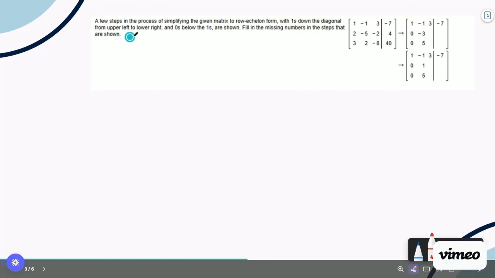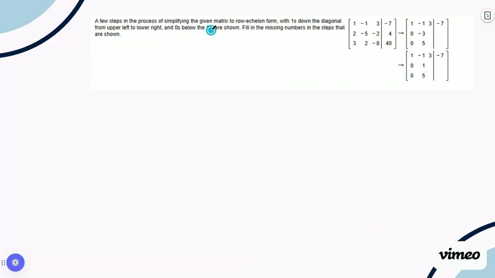Here it says a few steps in the process of simplifying the given matrix to row echelon form with 1s down the diagonal from upper left to lower right and zeros below the 1s is shown. Fill in the missing numbers in the steps that are shown. This is our original matrix. What we want to do is go from here to here, noticing that I've got zeros below that first one.